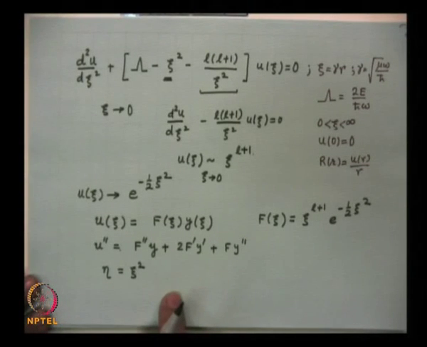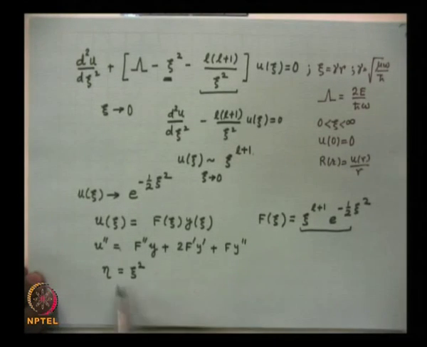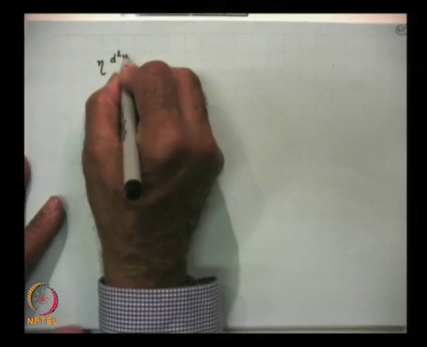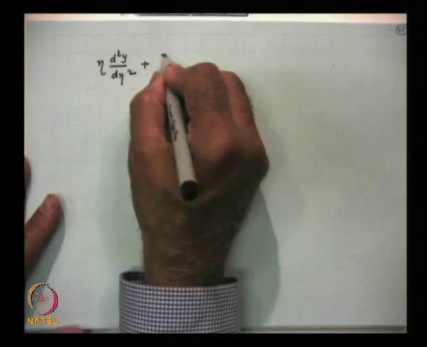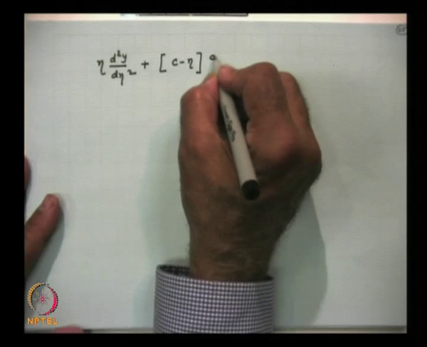If I substitute this for f of xi and then make the transformation eta equal to xi square, then y satisfies this equation: eta d2y by d eta square plus c minus eta dy by d eta, minus a y, equal to 0.